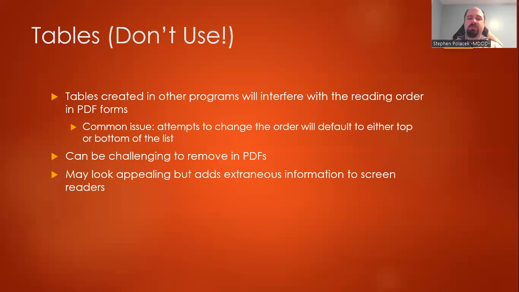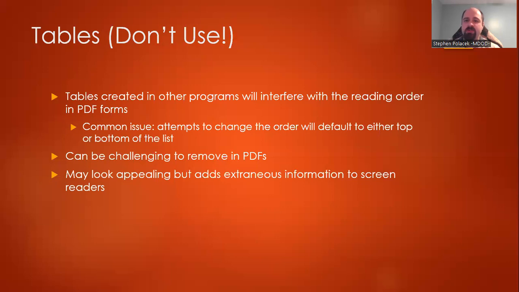They can also be a little bit annoying to remove in PDFs, because you have to remove every part of it manually, and you can't just delete the entire thing, because then that deletes the tags for the fields, and you'd have to redo it, and then it's going to try and make it a table again. So it's just easier if you don't use tables. That doesn't mean you can't. It's just a lot harder to deal with in document form than it is in HTML, where you have attributes that can make it interpret as not a table.